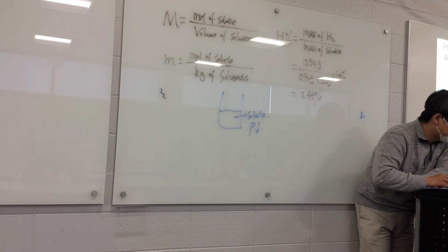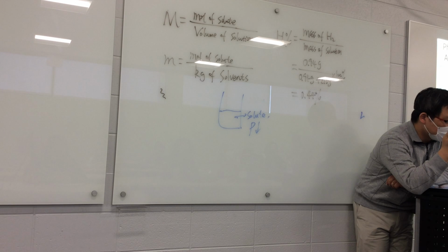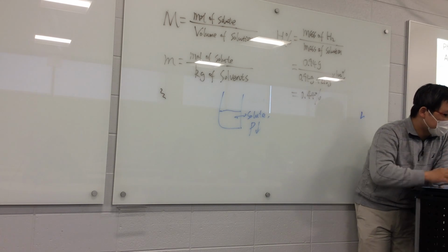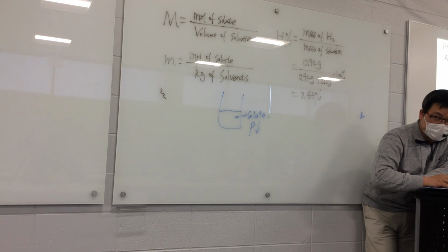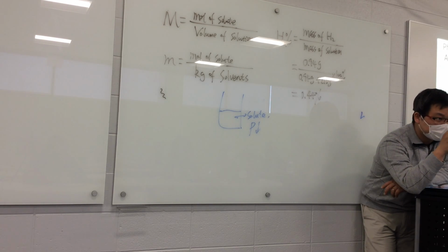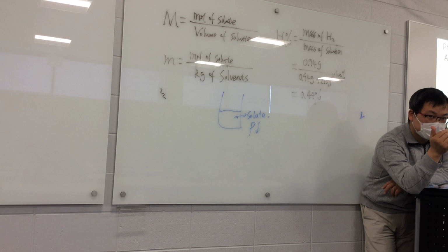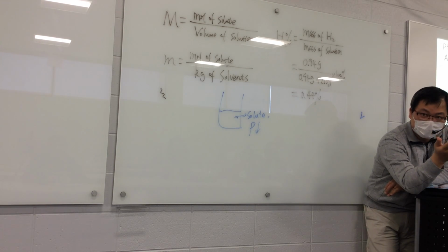Okay, so because of this, we use a mixture of sodium chloride and calcium chloride to help melt ice. Why? Because as we add this mixture to the ice, this mixture and water can form a solution at a temperature lower than 0 Celsius degree, right?